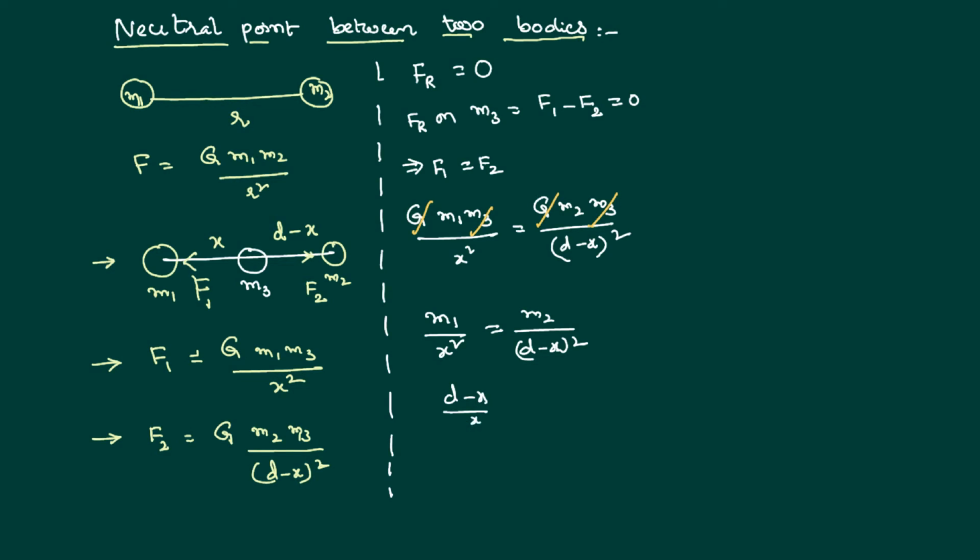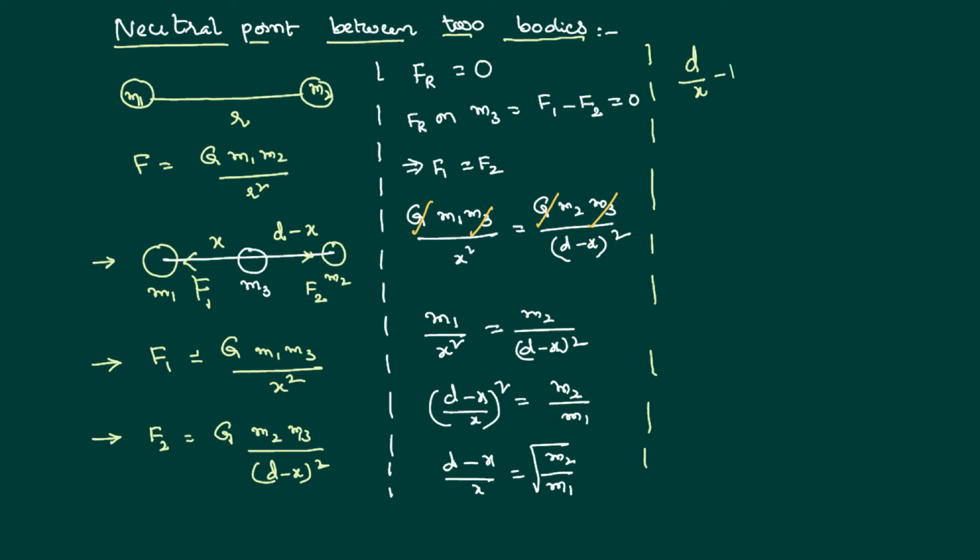Therefore, d minus x by x whole square equals m2 by m1. By taking the square root on both sides, d minus x by x equals square root of m2 by m1.